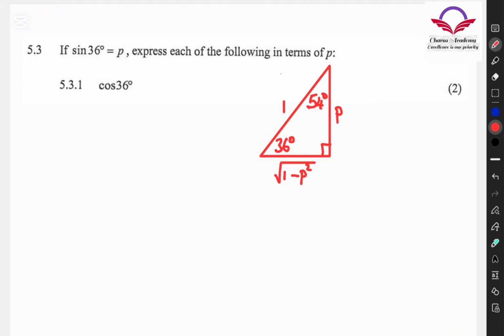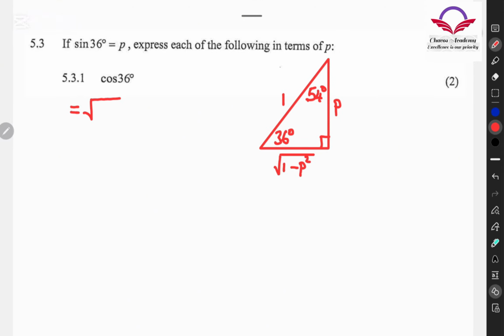So cos 36 will be adjacent over hypotenuse. Adjacent will be the square root of 1 minus p squared, because it's adjacent over hypotenuse.